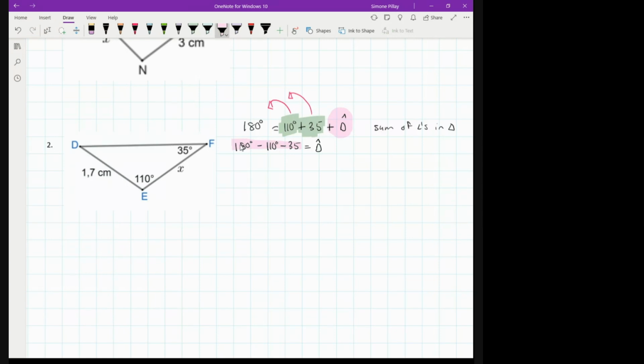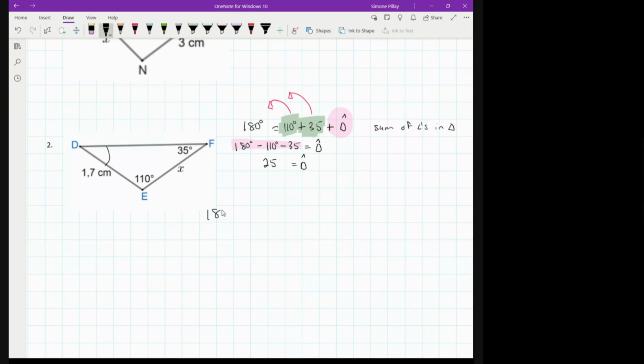Let me check. I don't think it's 35. Wait, let me do my math before I tell you anything. So that's 145, 165, 175. No, so it is 25. Close. Not 35, but 25. Oh, wait. It has to be 35, because we're trying to prove that this is equal. Let me check my math again.